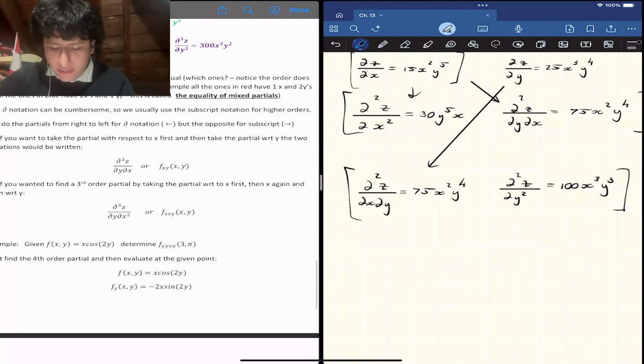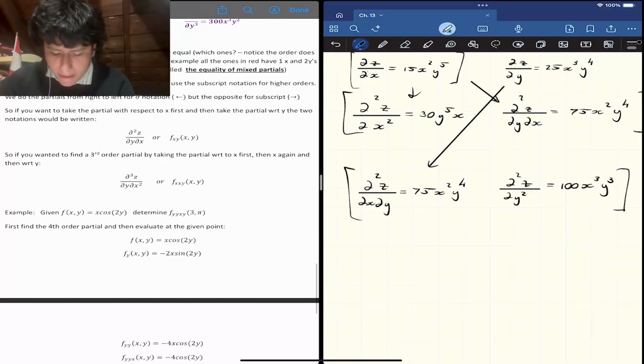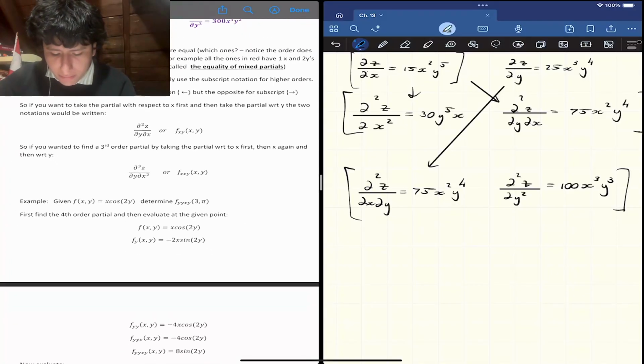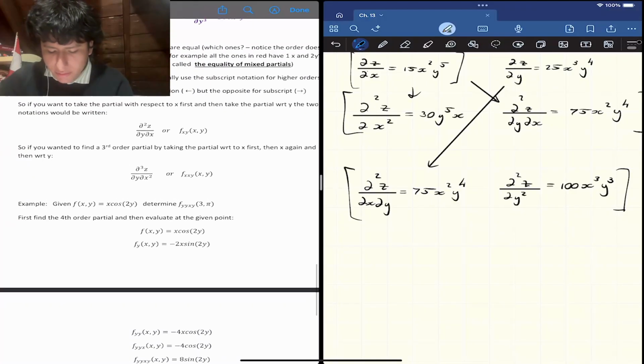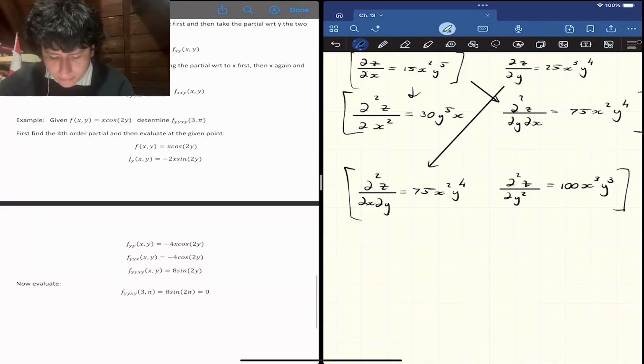We're going from right to left, kind of, and then with respect to y, but if we do it in this notation, it would be that way. So if we wanted to find the third order partial by taking the partial with respect to x, that would go all the way on the right. That would be the partial y and then partial x squared, and then it'd be different for the f because you're taking x and then y.